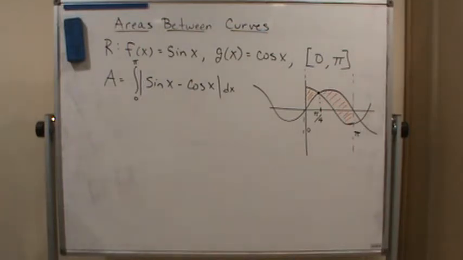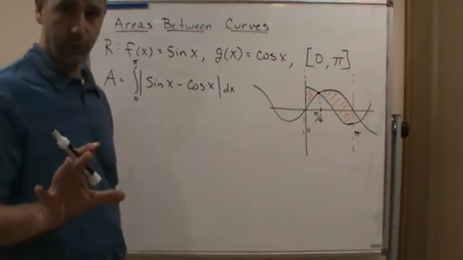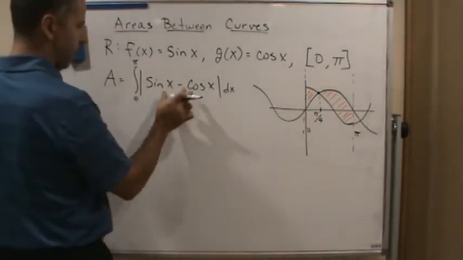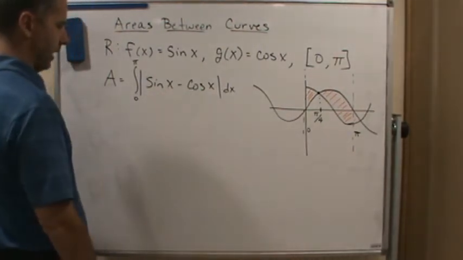There are different ways of doing this, but we're dealing with the absolute value of sine minus cosine.